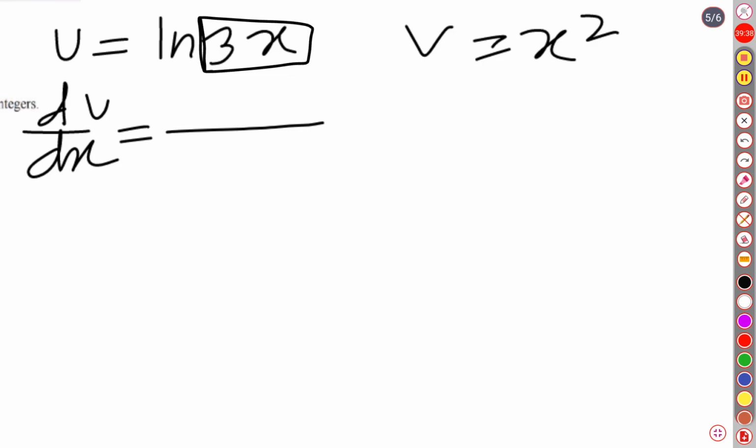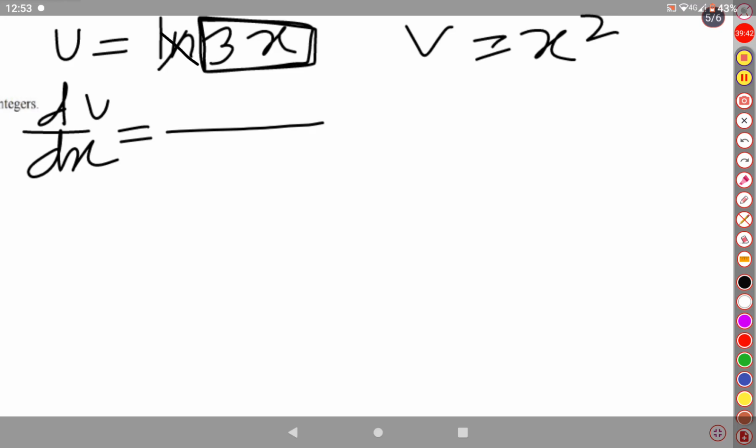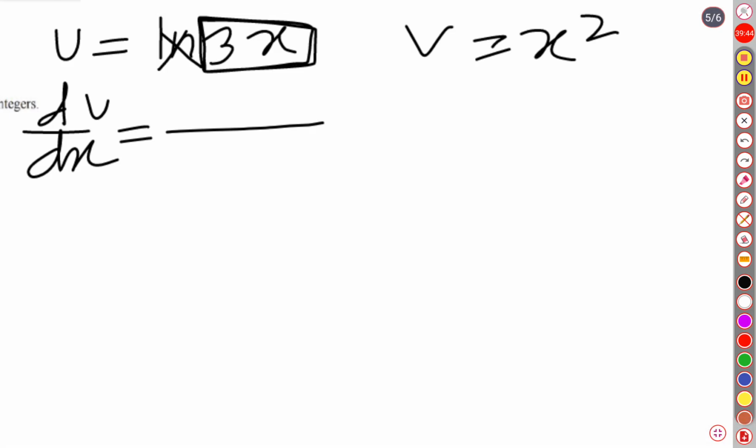For finding the derivative of an ln function, we just differentiate the inner function of that ln. So here, except ln, there is 3x, the exponent is 1. So 1 into 3, and what will happen to x? The degree of x is going to be reduced by 1, 1 minus 1.